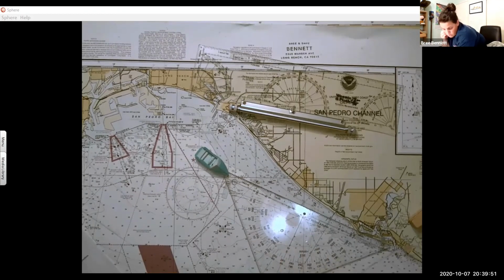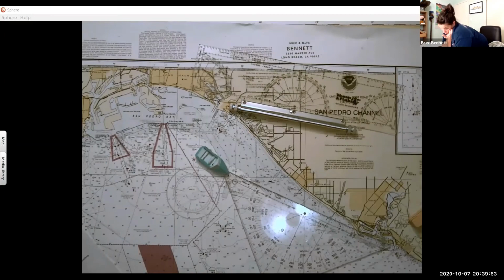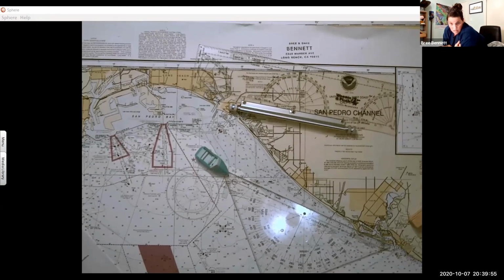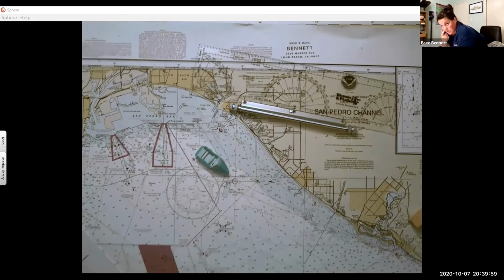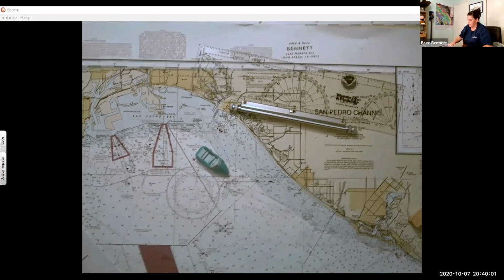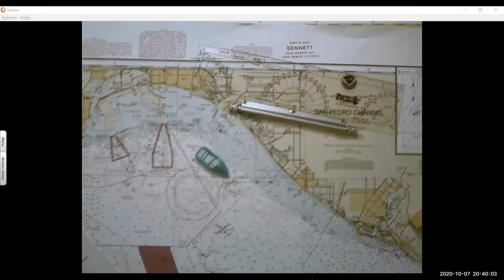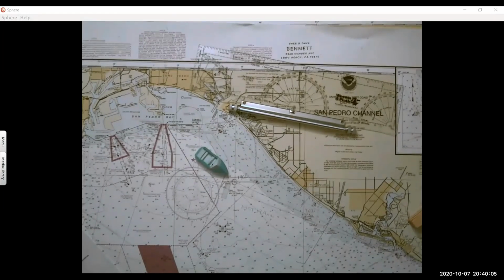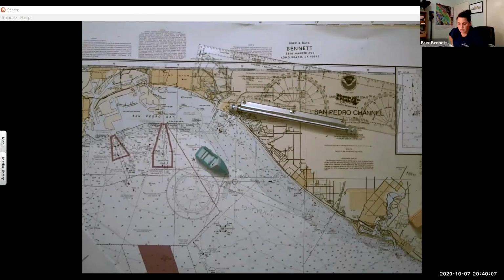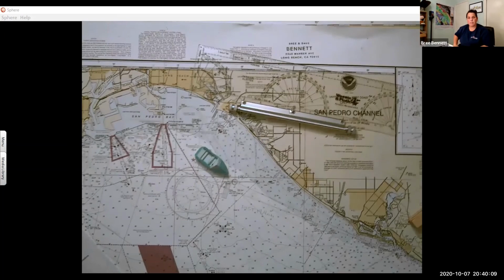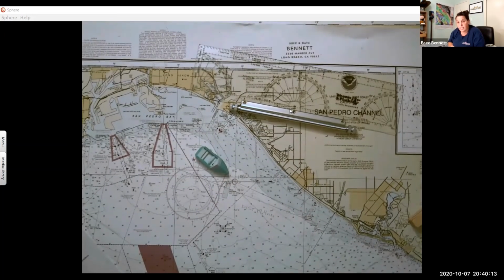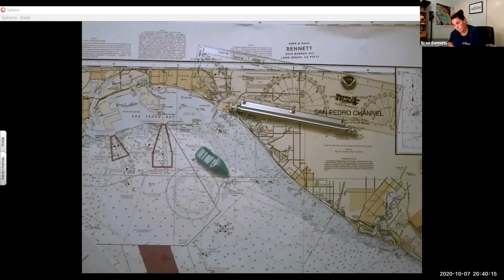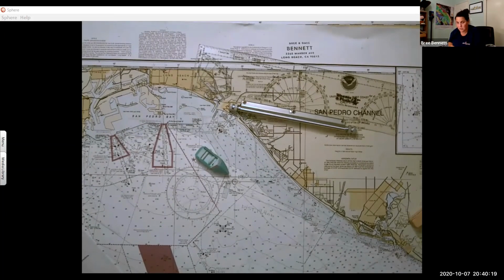What is our new course? You guys can't see it. You guys tell me, what's the new course? I think it's 115 degrees true. 115, 114, something around there. So we came to the right, a couple clicks, 3 clicks to the right.